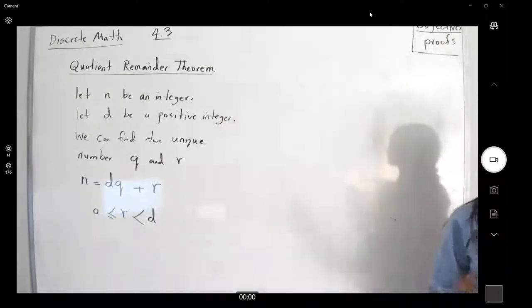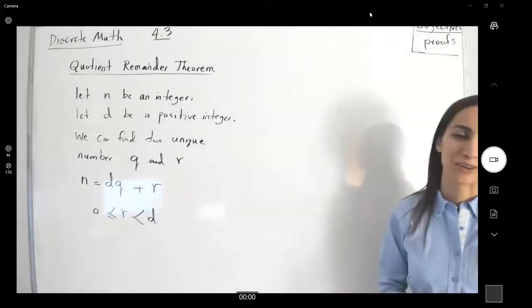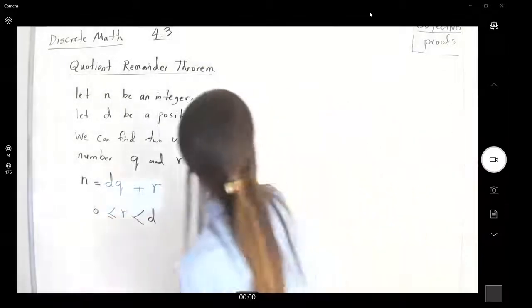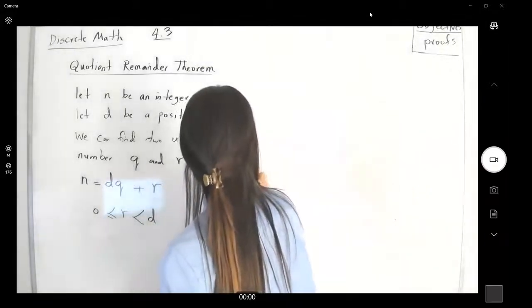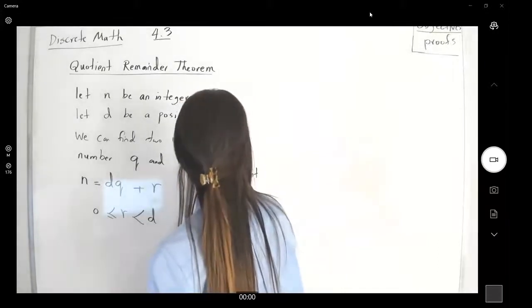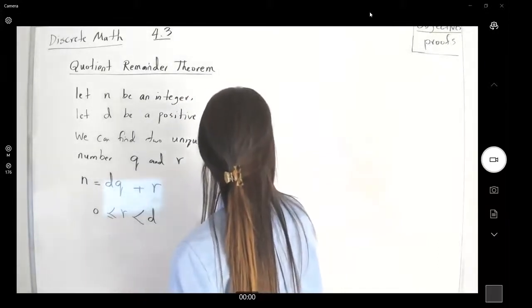Q is called the quotient, and R is called the remainder.